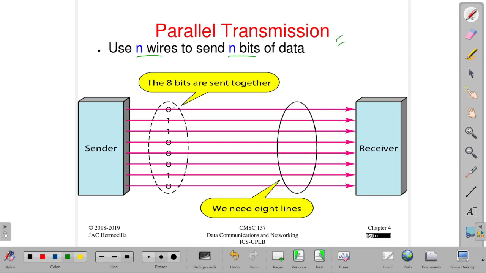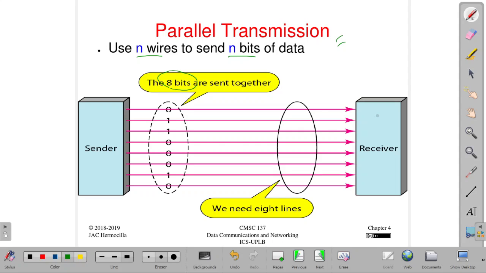The advantage of this is that it's fast, because let's say these 8 bits represent a character, then in one shot that character can be processed at the receiver end already. So that's called parallel transmission.